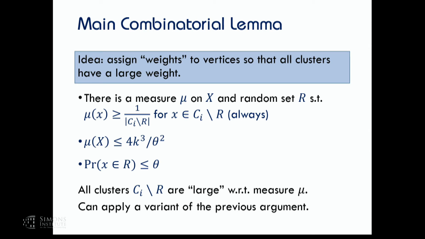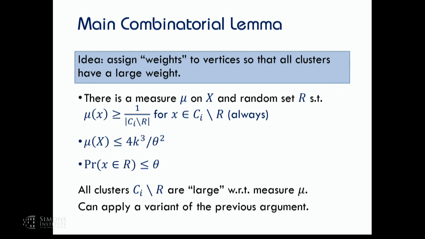And loosely speaking, our idea is as follows. We want to assign weights to the points so that with respect to these weights, every cluster is heavy. And then we will essentially reduce the analysis to the previous case.